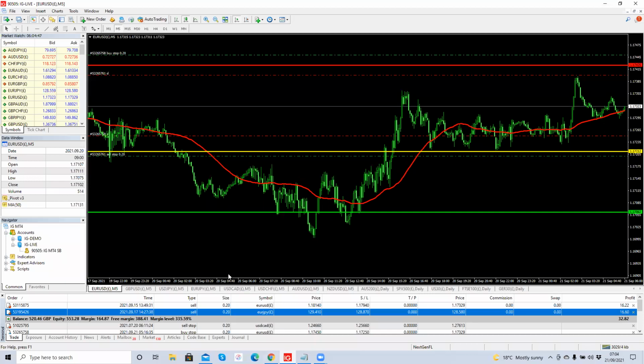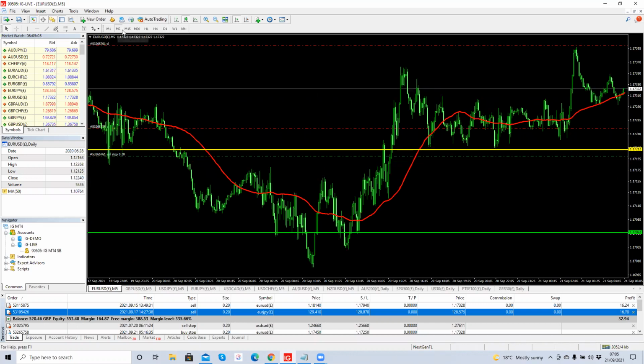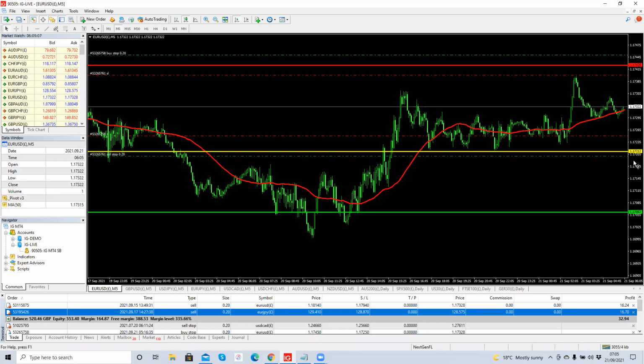So let's go to the charts. We'll start with the Euro US dollar, on the daily time frame, D1. As you can see, the moving average is currently flat. The market is currently trending sideways. So I'm just watching for now and not placing any swing trades for now. So let's go to the 5-minute time frame, day trading.